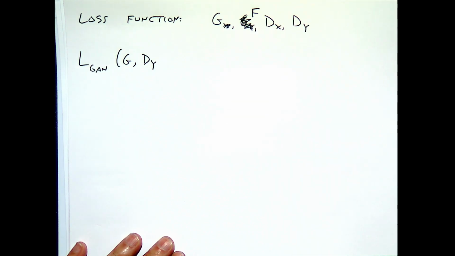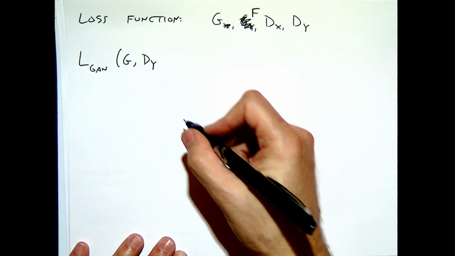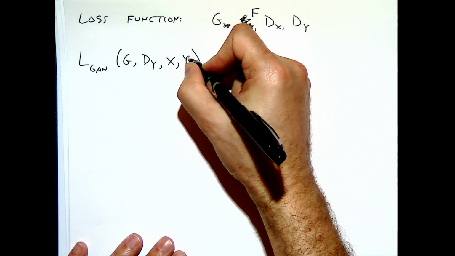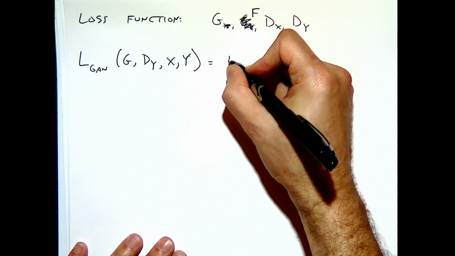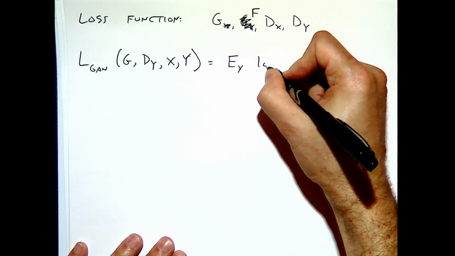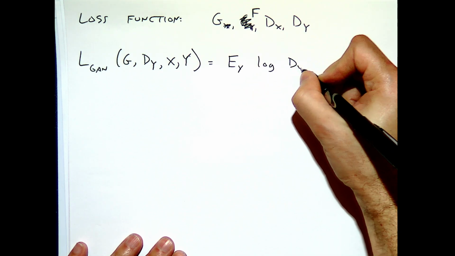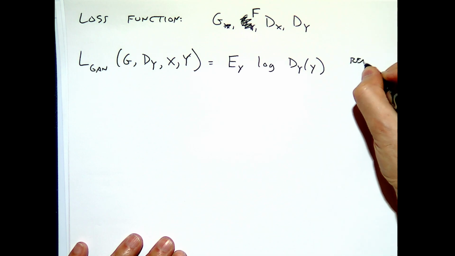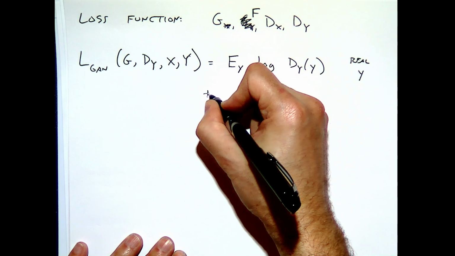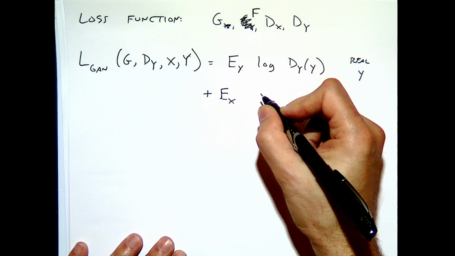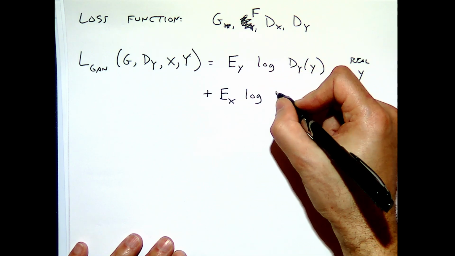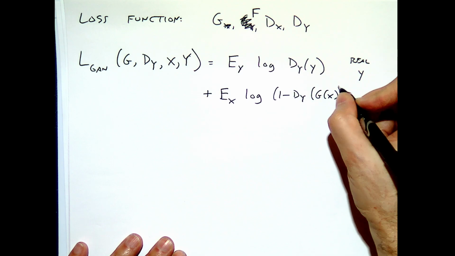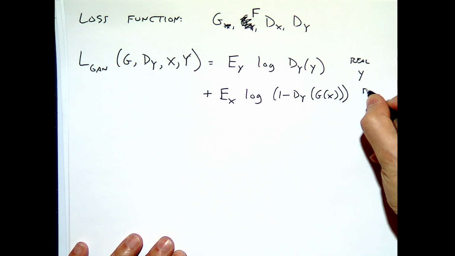So let's say it like this. I have a GAN loss that's saying I have the expected value of the y discriminator acting on these outputs. This is like saying I have real y. And then I have the fake outputs. So this is like fake y.